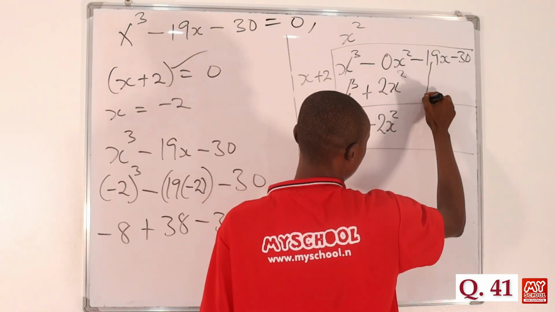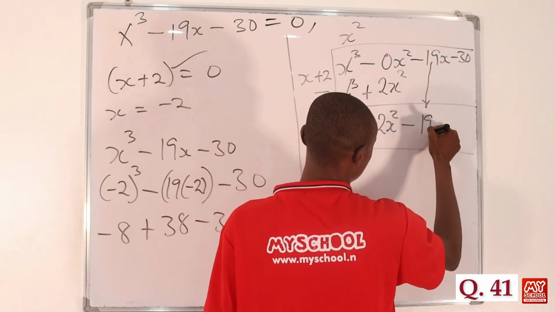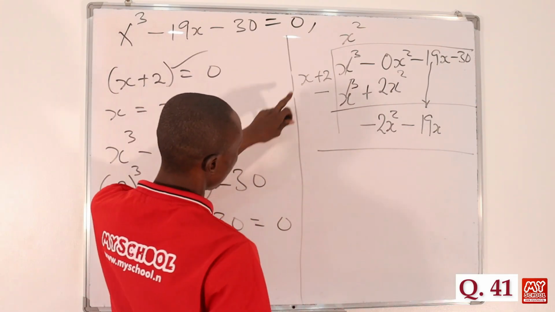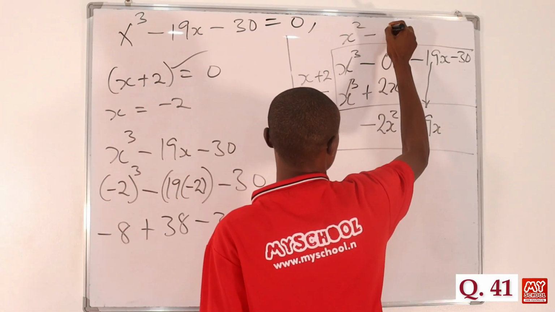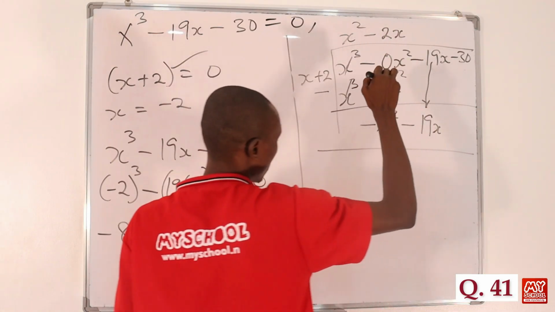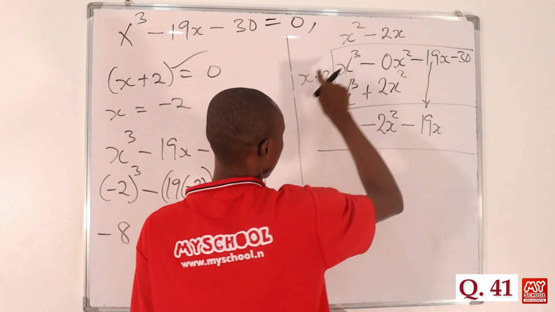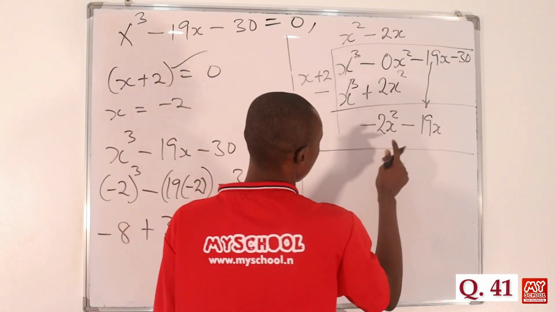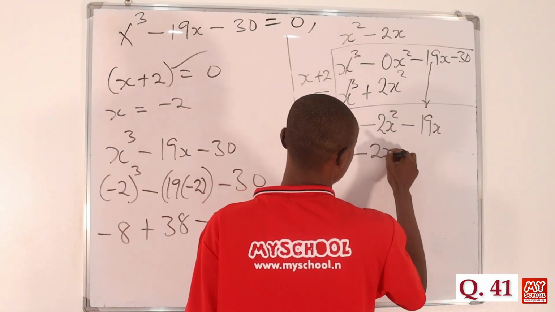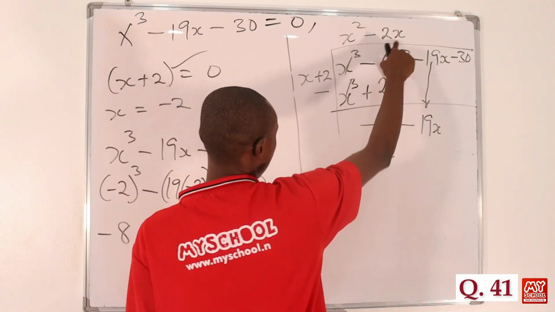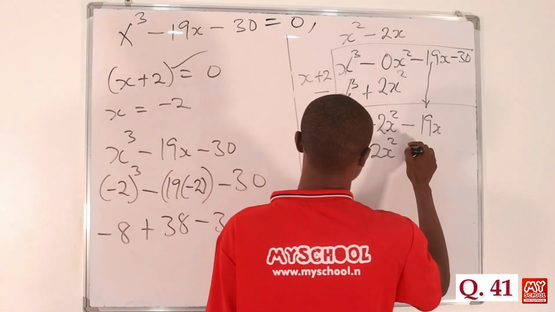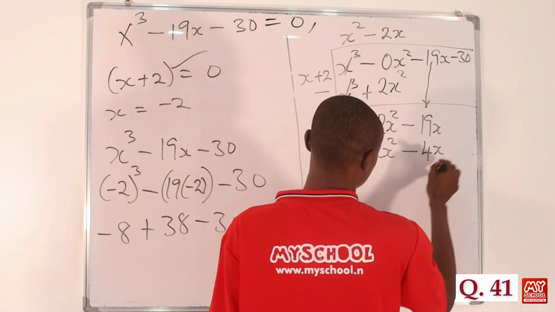So we can bring this term down. We bring minus 19x down. So we divide again. x divided into minus 2x squared will give us minus 2x. So minus 2x times x will give us minus 2x squared. Then minus 2x times plus 2 will give us minus 4x, right?